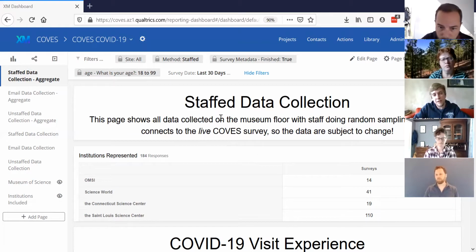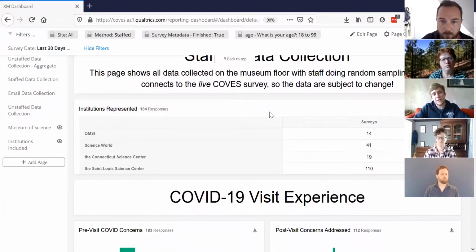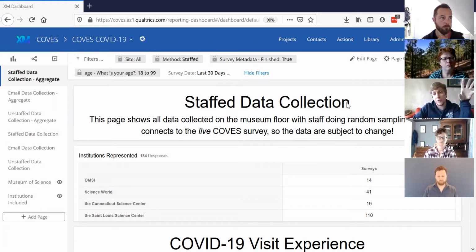If you are collecting data, the one difference is that I haven't figured out yet a way to let you see all of the open-ended comments that aren't from your own institution, because that's something that we've talked about being really interesting and valuable. I'm working on that, but for now, this is the solution we have. So this is what you would see if you're not open, or not collecting data, but you log in and go to the COVID COVES dashboard.